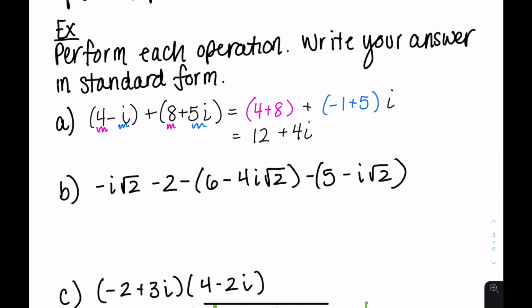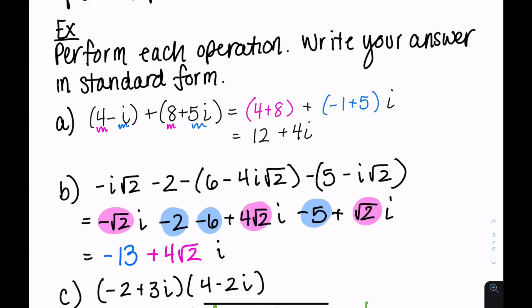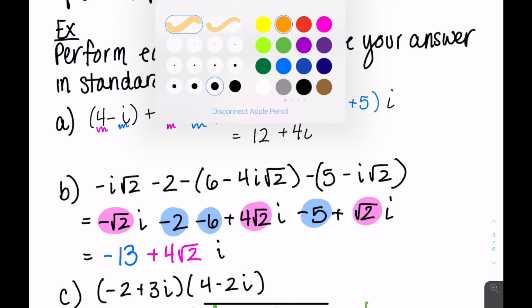Now if we go through this one where we've got a real part, an imaginary part, and then we're subtracting two more complex numbers, the best thing we can do is distribute out that negative first, and then combine based on the different pieces. So distribute out the minus signs, and then we'll group.